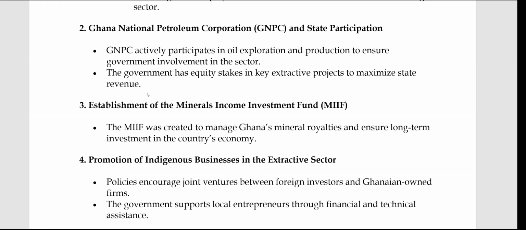Okay. So promotion of indigenous businesses in the extractive sector. Policies encourage joint ventures between foreign investors and Ghanaian-owned firms. The government supports local entrepreneurs through financial and technical assistance.